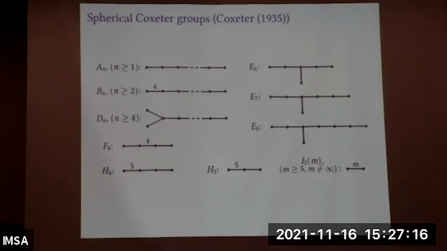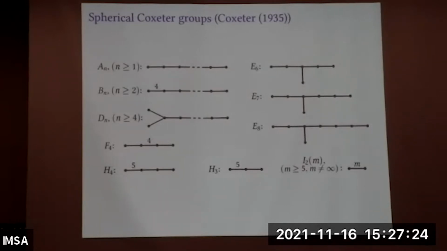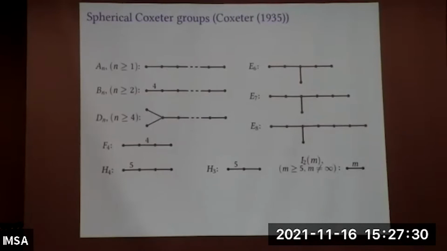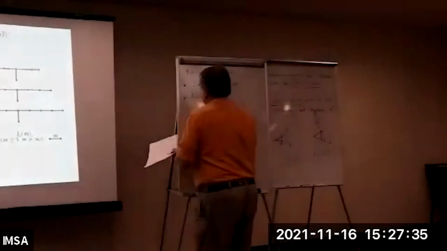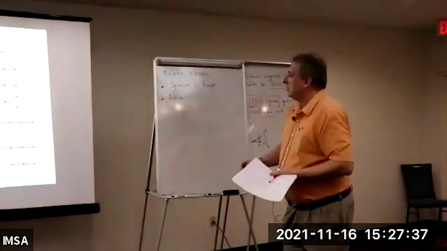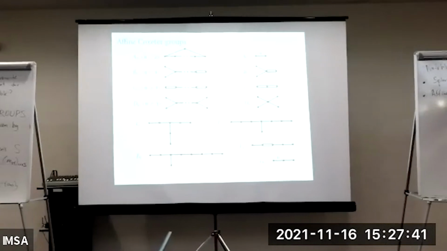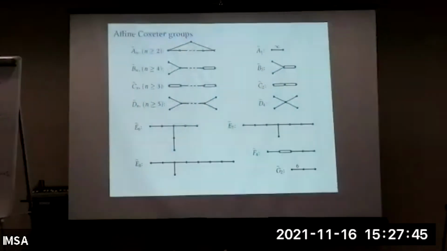So those are the so-called non-crystallographic groups. They don't correspond to simple Lie algebras. Then there are affine groups, which are given in terms of extended linking diagrams if we add the maximal root.